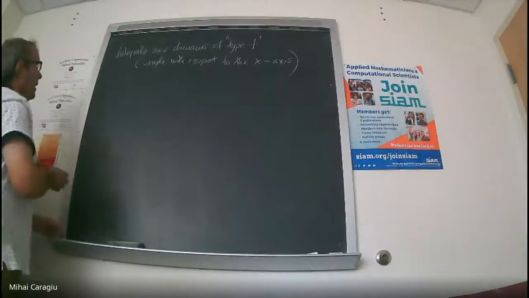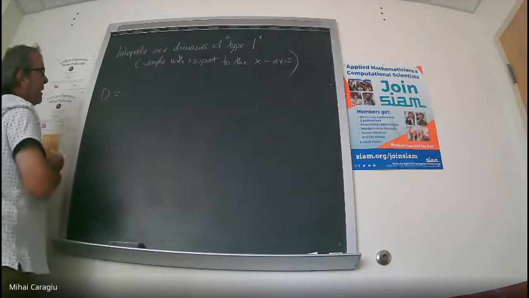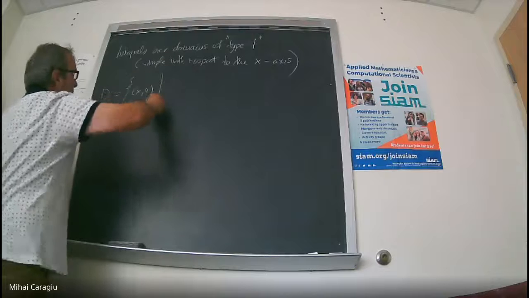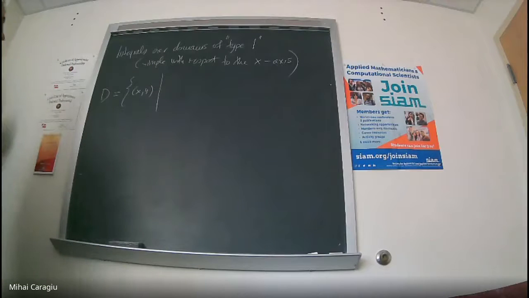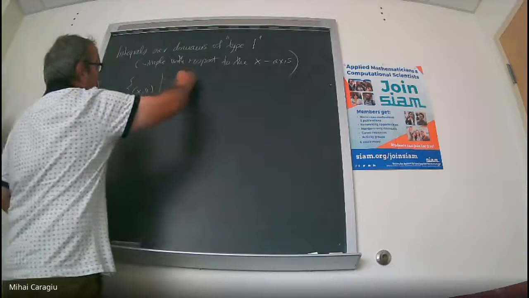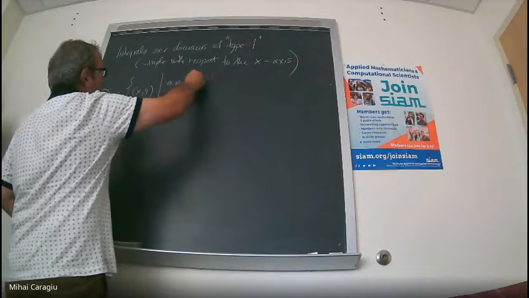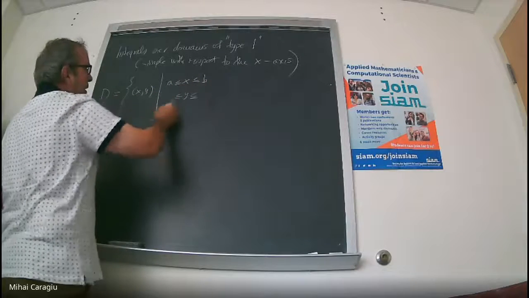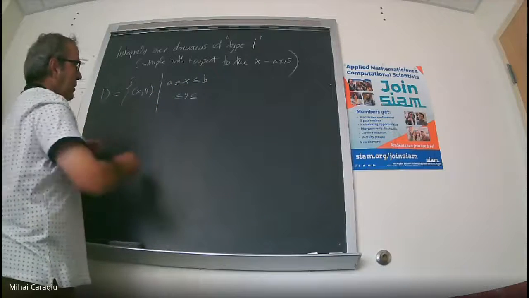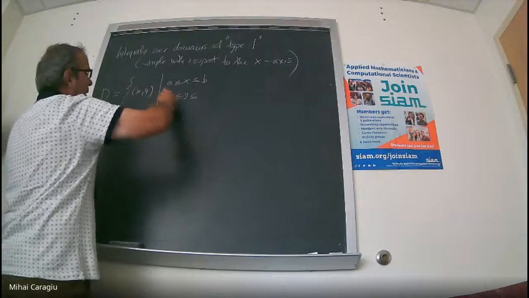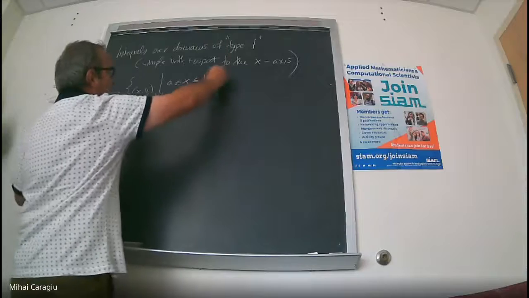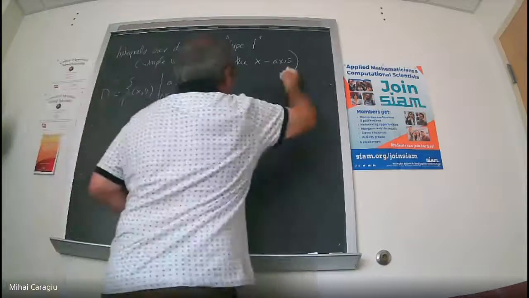So the domain D in this case is not a rectangle. It consists of all the points x, y such that x is between two fixed values, a and b, and for every x between a and b, y is between a lower function and an upper function. Lower function I'll denote low of x, and upper function u of x. What's the geometry of the domain?